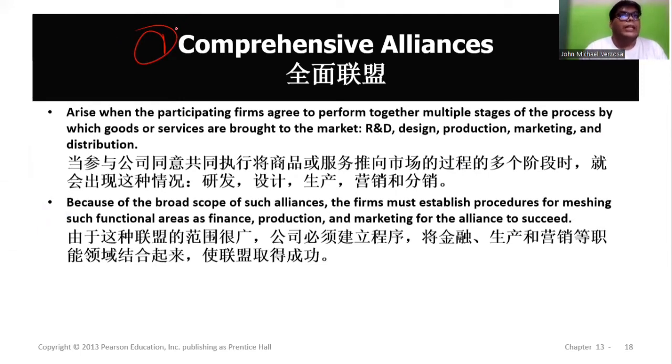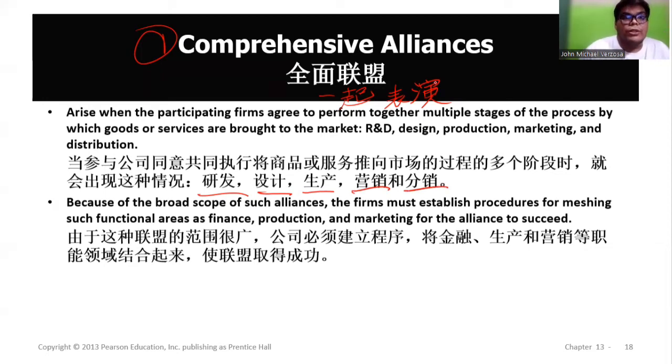When you talk about comprehensive alliances, it arises when the participating firms agree to perform together multiple stages of the process by which goods or services are brought to the market, whether it's R&D, design, production, marketing, and last but not the least, distribution.